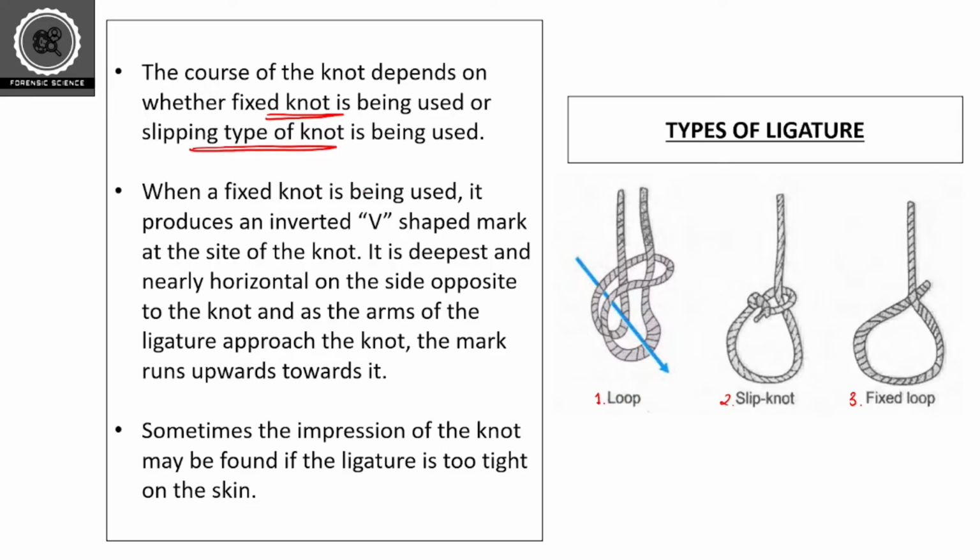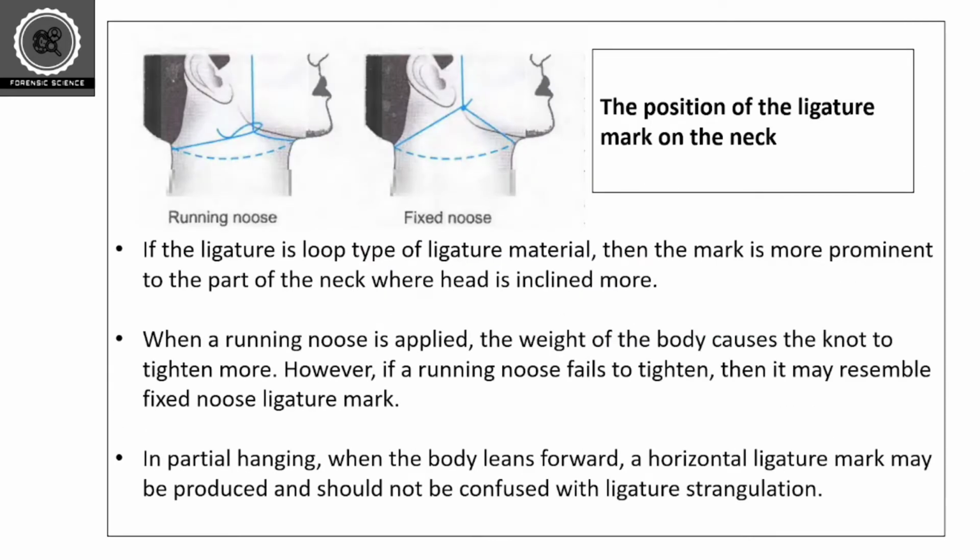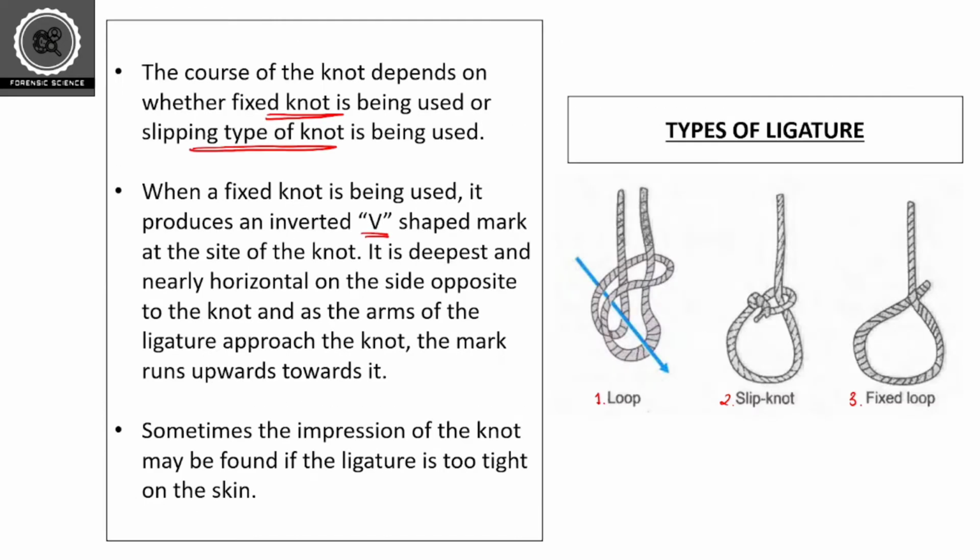When the fixed knot is used, it produces an inverted V shape of marking. It creates an inverted V shape of ligature mark on the side opposite to the knot. Where the knot is, opposite to that, we can see horizontal marking.